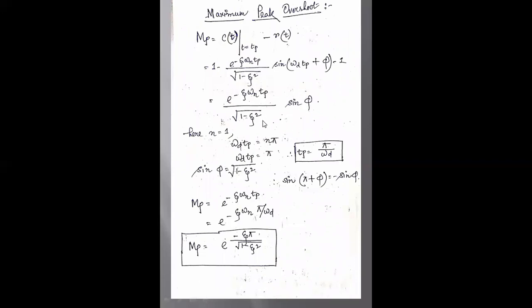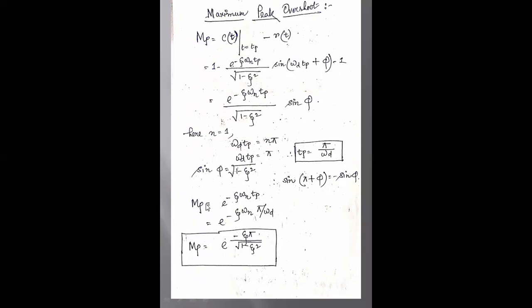Here n equal to 1 because it is the first overshoot. So just putting n equal to 1, we get omega d Tp equal to n pi, so Tp equal to pi by omega d. So sin theta equal to root over 1 minus zeta square, because sin(pi plus theta) equals minus sin theta.